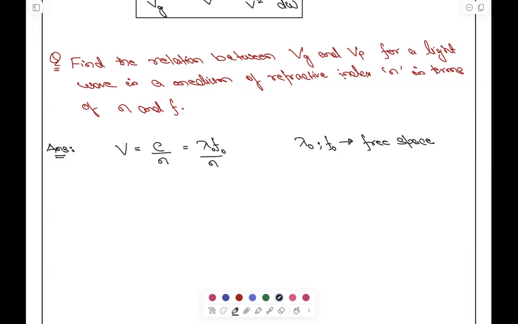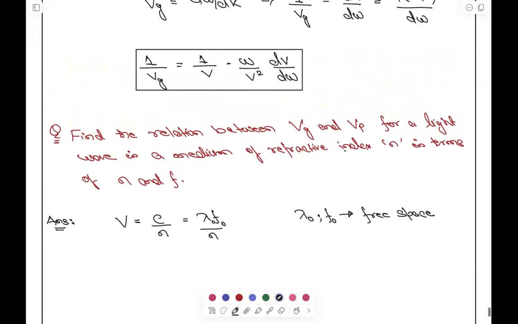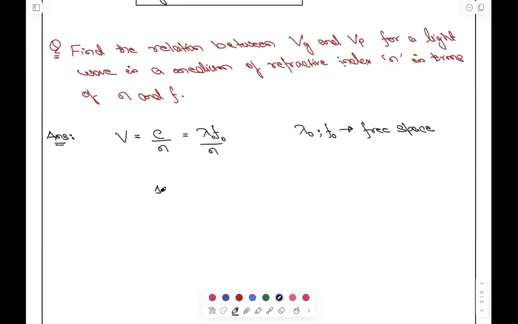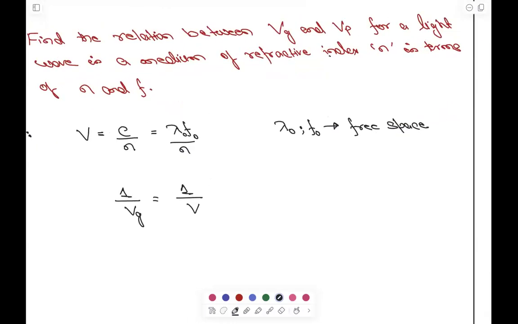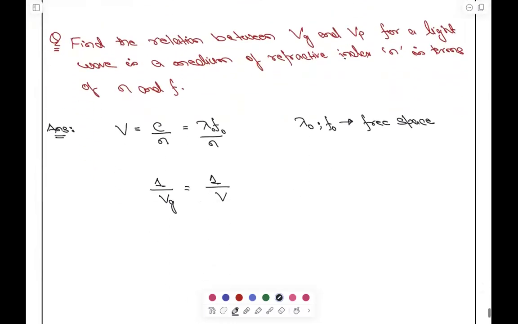V is equal to C by N, lambda naught, F naught by M, and simply write lambda F as I wrote. So you can use the above formula. I'm using the above formula, that is 1 by Vg is 1 by V, the upper one I'm just putting it.